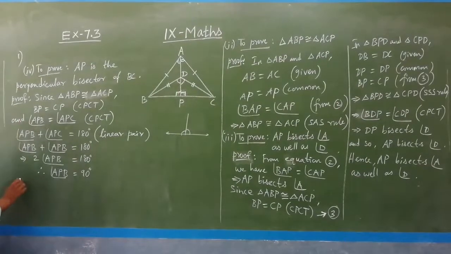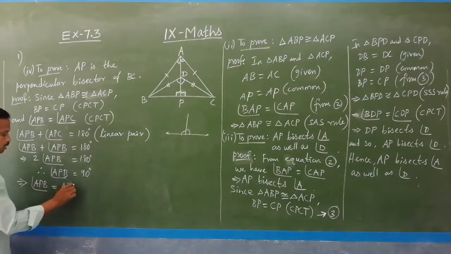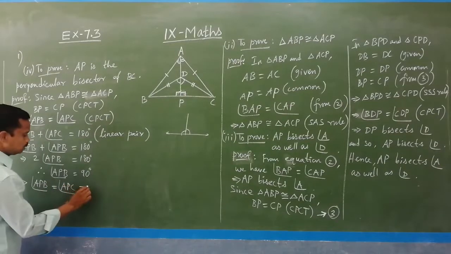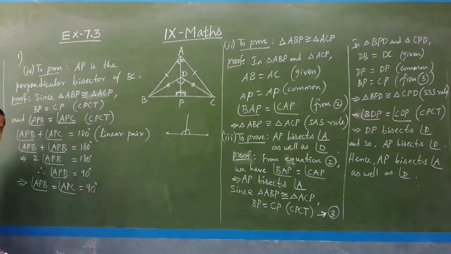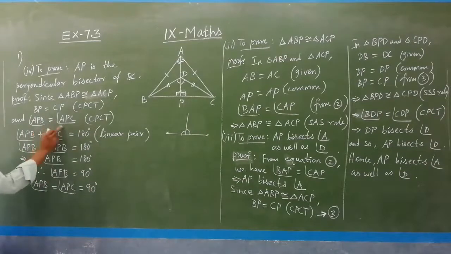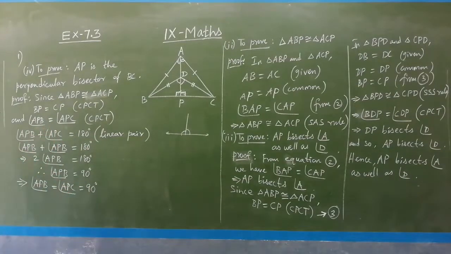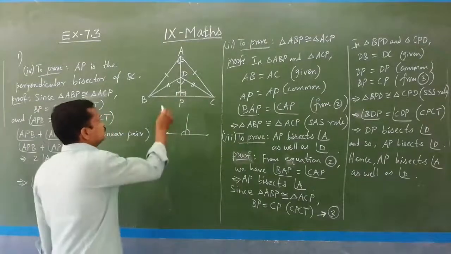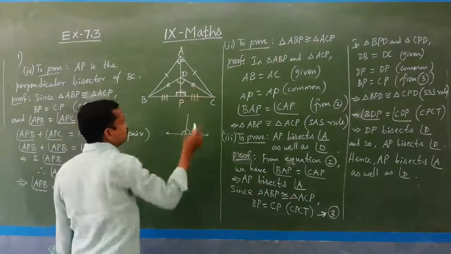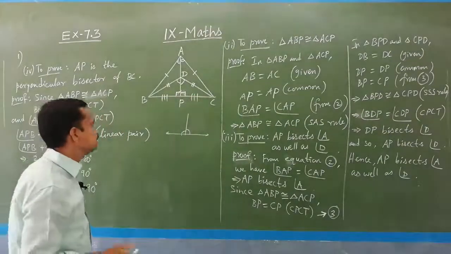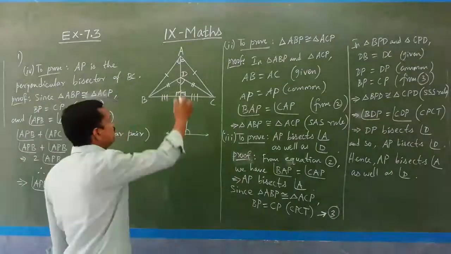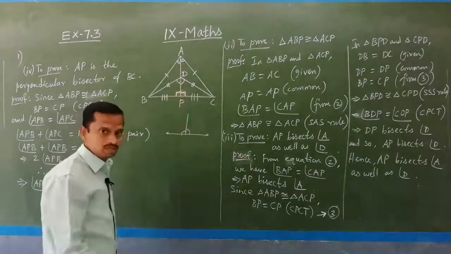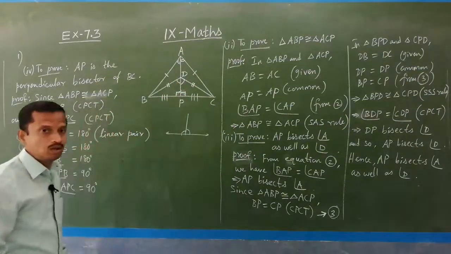This implies, substituting APB equal to APC, both are 90 degrees, each angle is 90. Now these two segments BP and CP are equal, and AP makes a 90 degree angle with the base, so P is the midpoint.